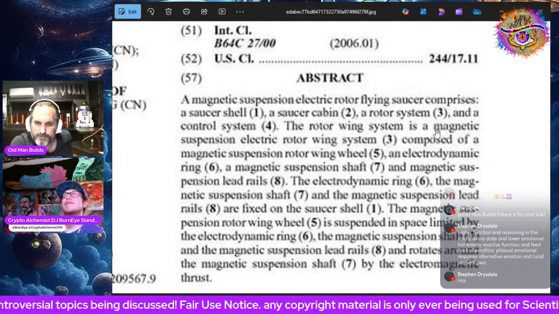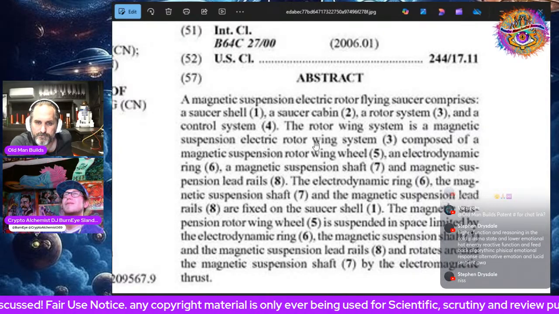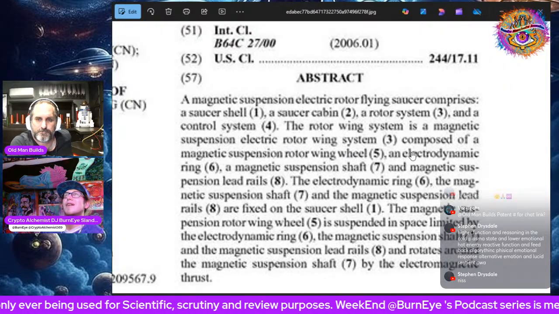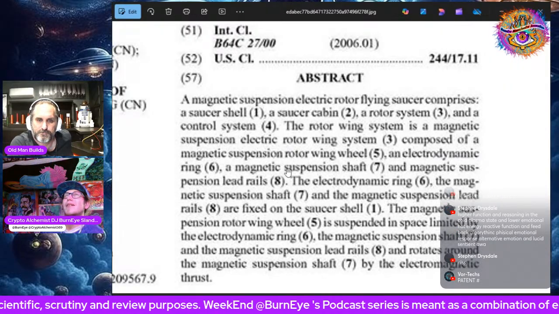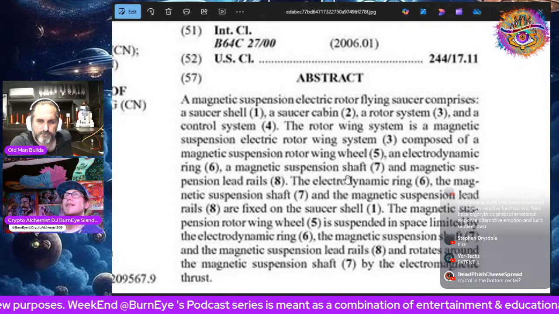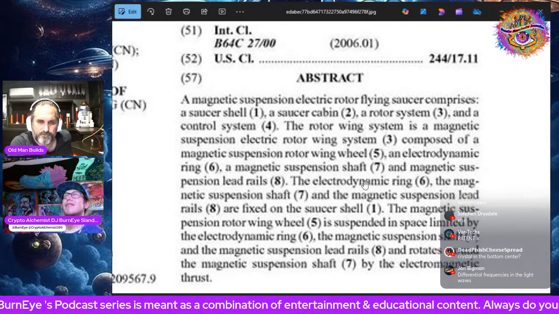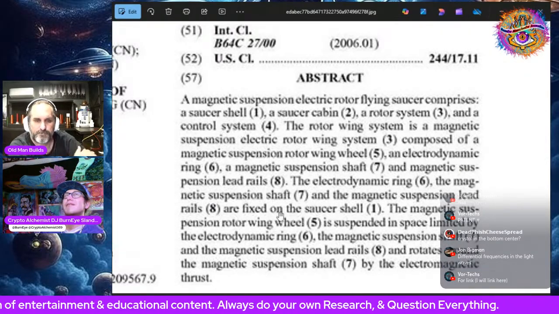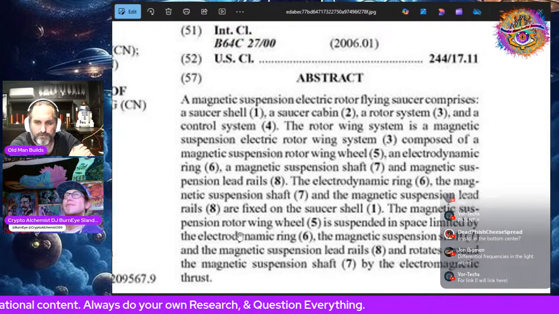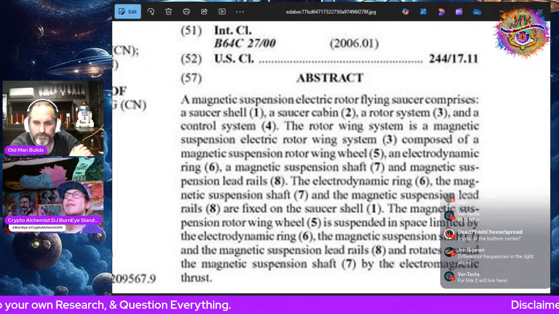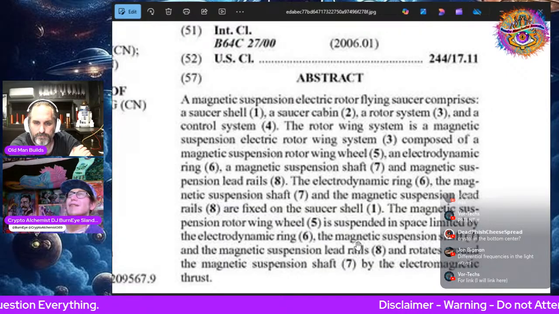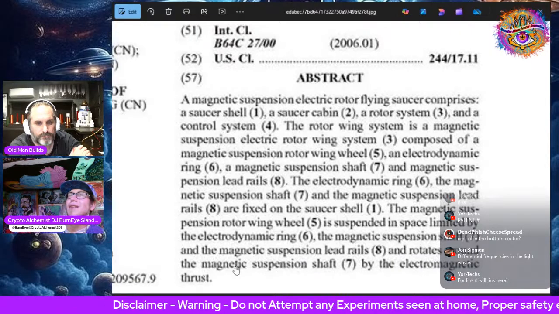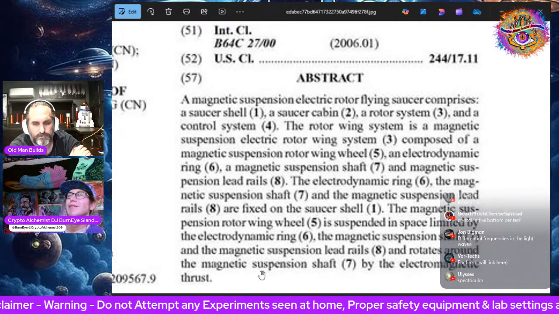The control wing system is a magnetic suspension electric rotor wing system composed of a magnetic suspension rotor wing wheel, an electrodynamic ring, a magnetic suspension shaft, and magnetic suspension lead rails. The electrodynamic ring, the magnetic suspension shaft, and the magnetic suspension lead rails are fixed on the saucer shell. The magnetic suspension rotor wing wheel is suspended in space, limited by the electrodynamic ring, the magnetic suspension shaft and the magnetic suspension lead rails, and rotates around the magnetic suspension shaft by the electromagnetic thrust.